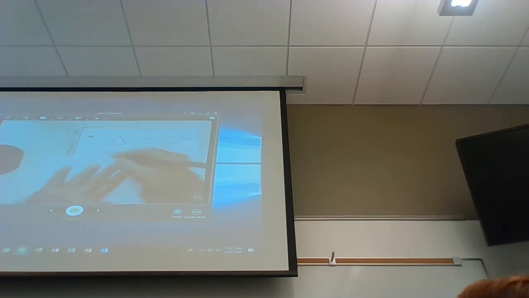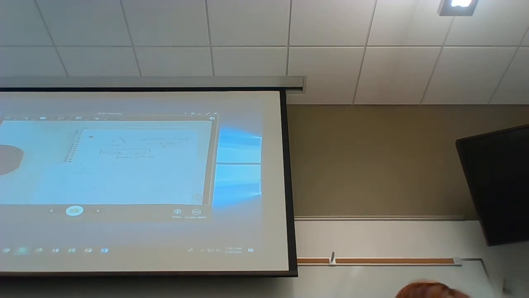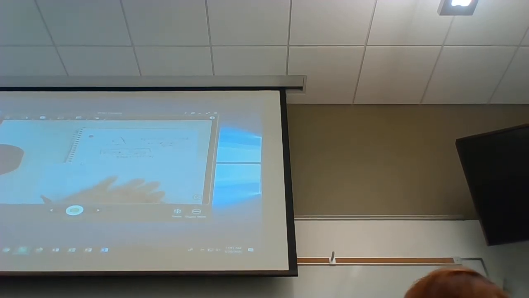If you have a four-sided figure, a four-sided figure is called a quadrilateral. Every year when I teach this, students will say, oh, four-sided figure is a rectangle, or four-sided figure is a square. Those are examples of four-sided figures. The generic definition of a four-sided figure is a quadrilateral.